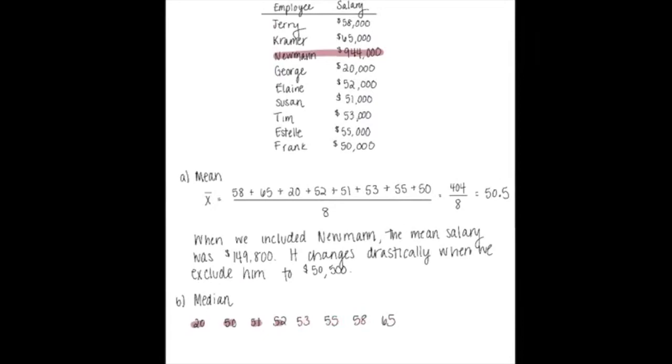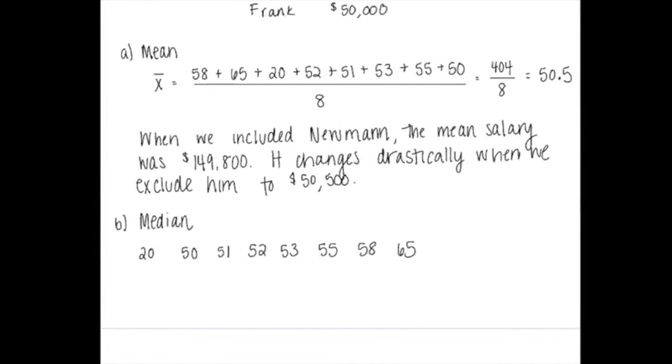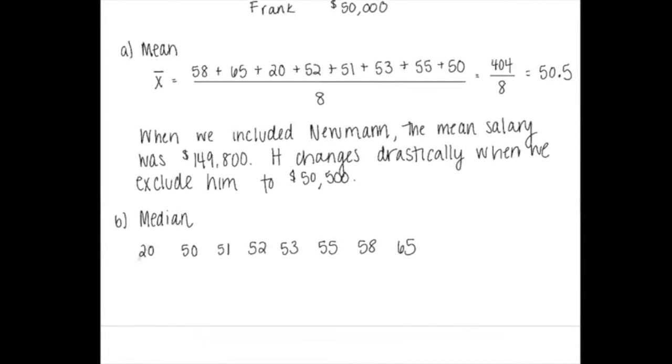Again, we want the number that's right in the middle, but since this is an even amount of data, we take off 1 from each end, 1 from each end, 1 from each end. You have 2 numbers that fall exactly in the middle. So our median is going to be the sum of these, 52 plus 53 divided by 2, which is 105 divided by 2, or 52.5.